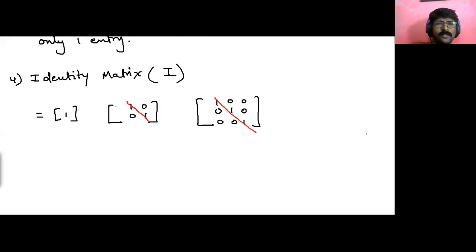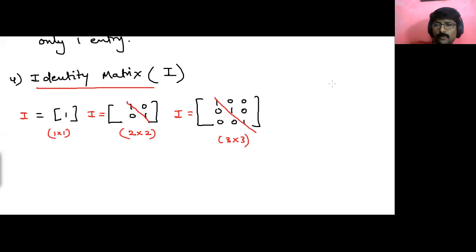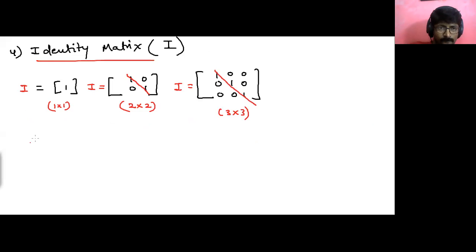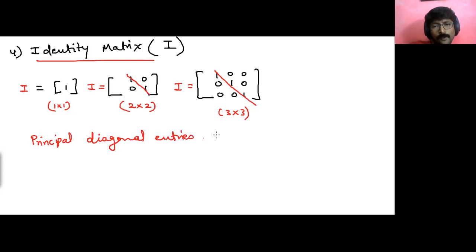So what is an identity matrix? I hope you understood. It is generally denoted as I. This is a 1 by 1 matrix, this is a 2 by 2 matrix, and this is a 3 by 3 matrix. This is the 1 by 1 identity matrix, this is the 2 by 2 identity matrix, and this is the 3 by 3 identity matrix. Identity matrix is very, very important. Principal diagonal entries are 1, and others are 0.